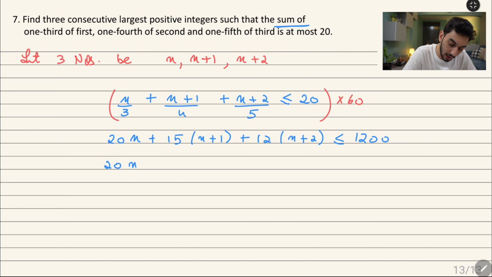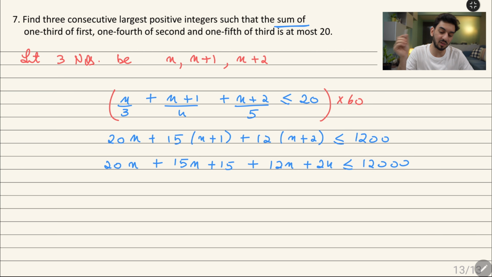So this is 20x plus 15x plus 15 plus 12x plus 24 is less than or equal to 1200. 20x plus 15x is 35x, 35x plus 12x is 47x, and I also have a 15 and a 24, so they add up to 39, less than or equal to 1200. I put an extra 0, sorry.